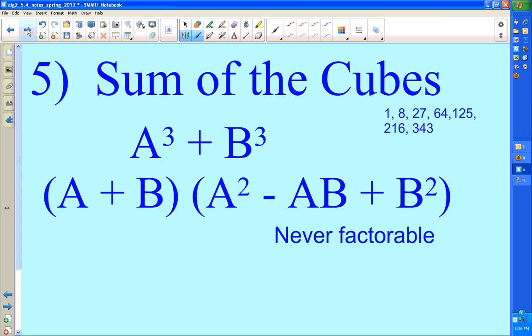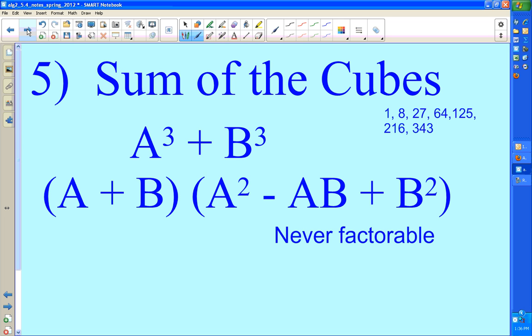Now, here's the 2 new ones, and they are literally patterns. When you can identify that you have something to the 3rd power, something cubed plus something cubed, it's going to follow a pattern. And it's a lot like a difference of 2 squares, it's just a little bit of a longer pattern. Remember your perfect cubes.